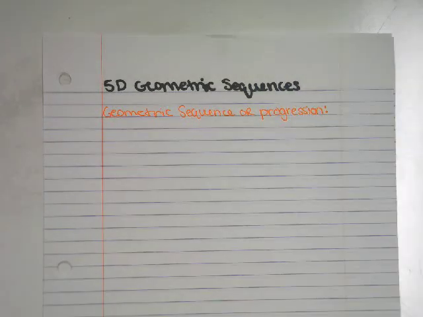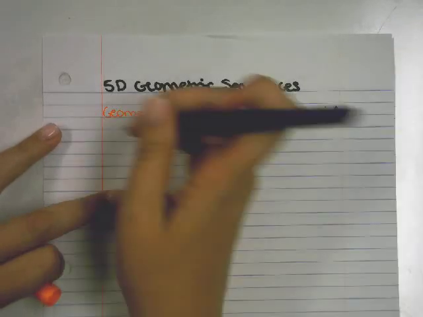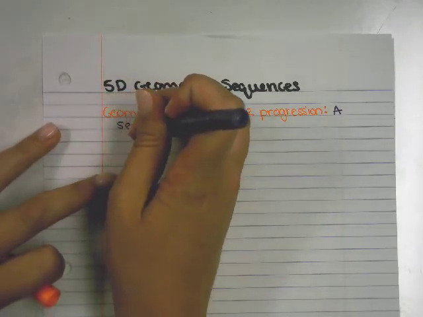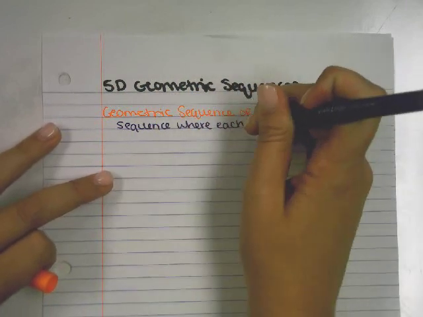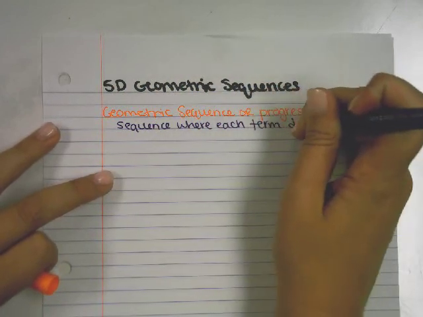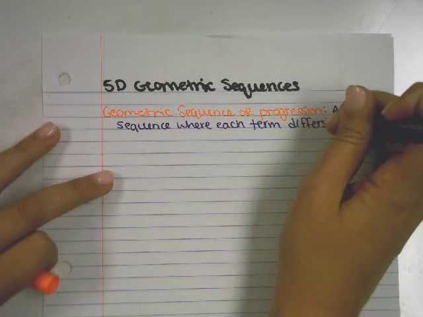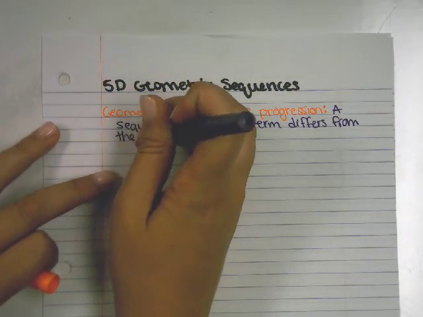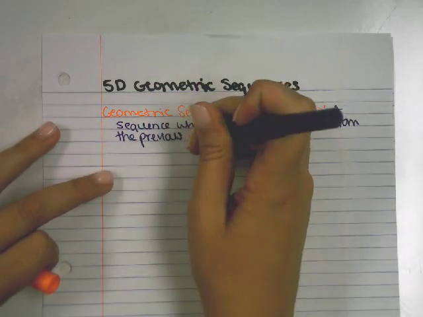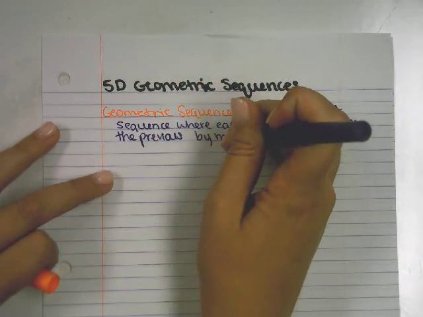So this is a sequence where each term differs from the previous by multiplying by a constant.